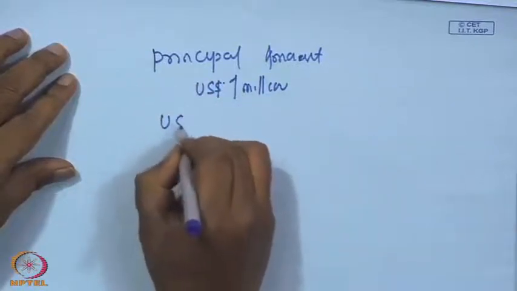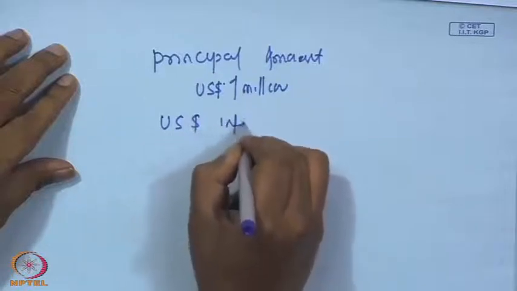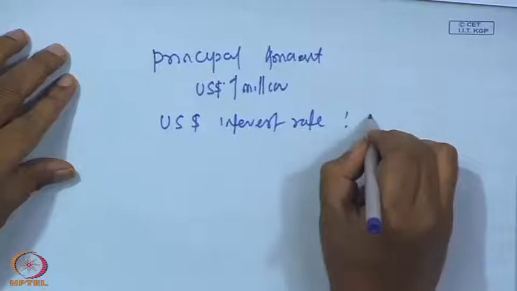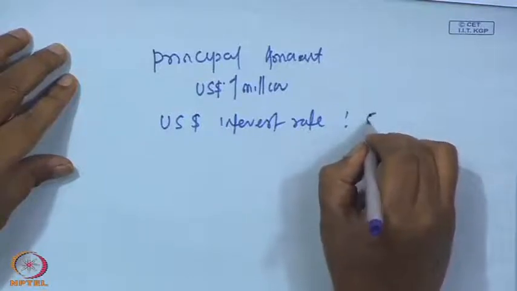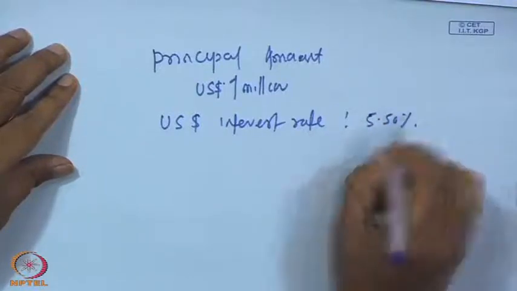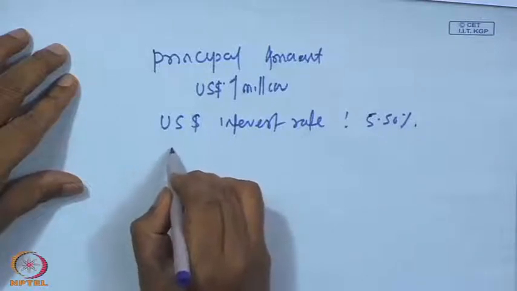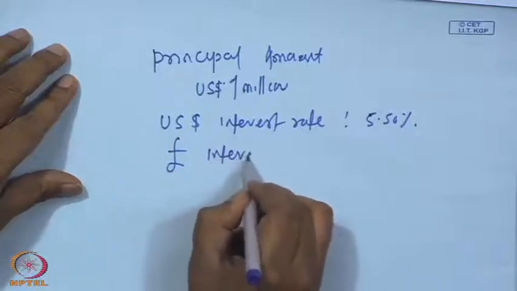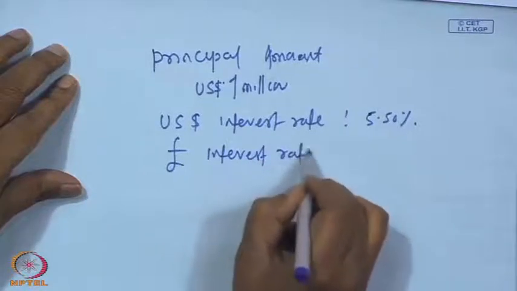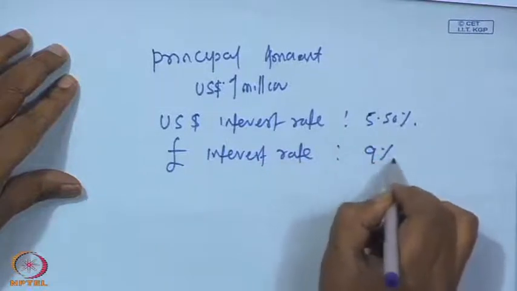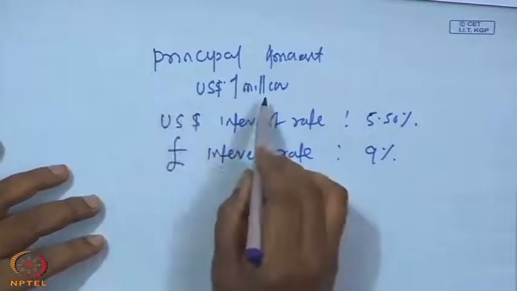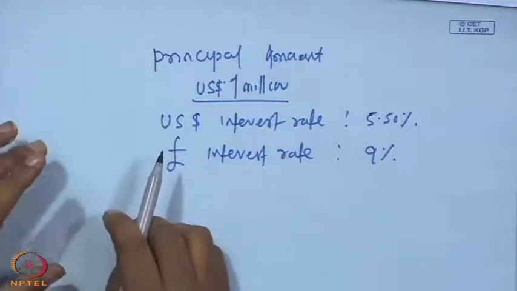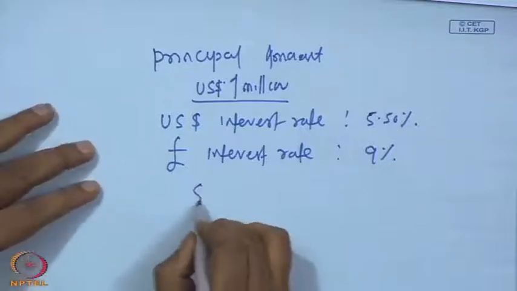The US dollar interest rate is 5.50% and the pound sterling interest rate is 9%. But 1 million US dollar is equivalent to how much pound sterling? The exchange rate is the spot rate.